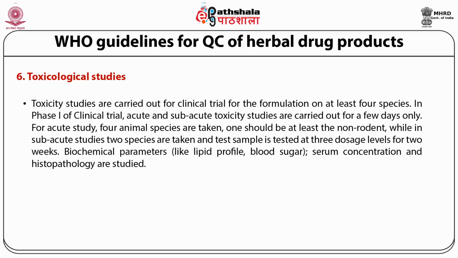While in subacute studies, 2 species are taken and test sample is tested at 3 dosage levels for 2 weeks. Biochemical parameters like lipid profile, blood sugar levels of test animals are monitored, besides serum concentration and pathological parameters.